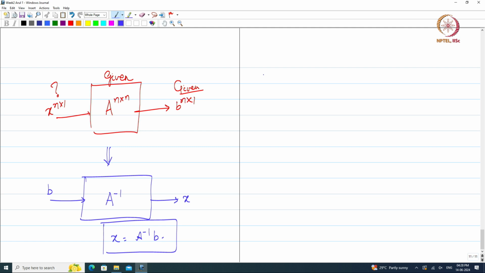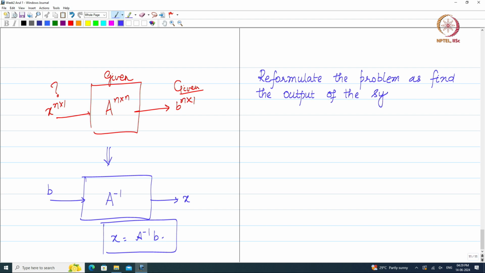So you reformulate the problem as: find the output of the system A inverse corresponding to the input b.